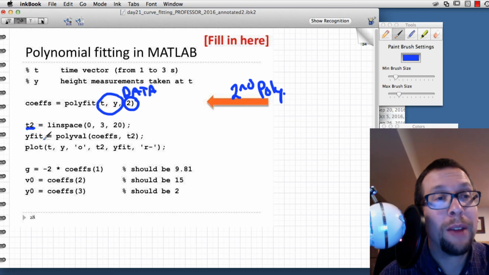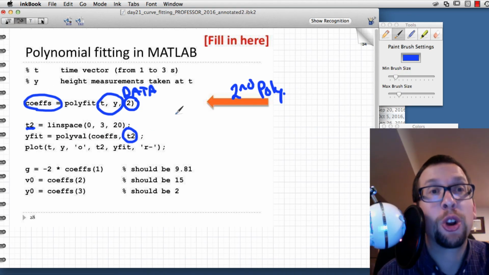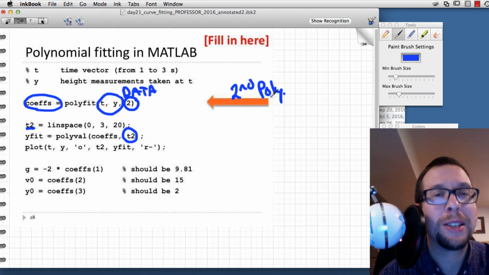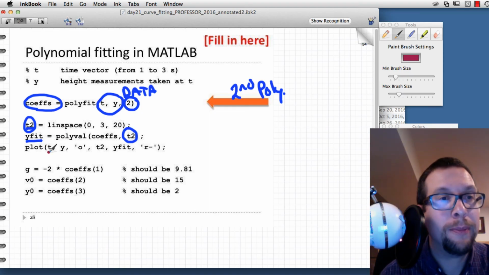We want a y fit related to these values of time, based on the coefficients that were calculated for the best fit curve. It's not a line anymore, it's a second order polynomial. So using these coefficients, we will get new values for a fitted series of y values related to t2.